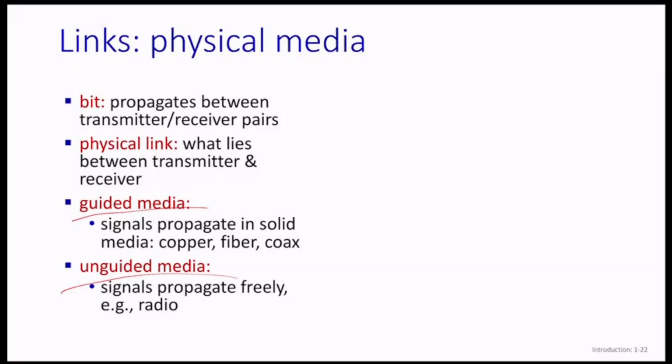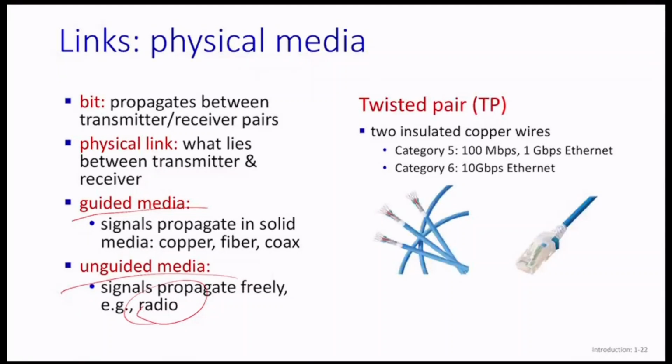First, let me introduce guided media. Guided media include twisted pair, the earliest version. Twisted pair always uses two insulated copper wires to create the transmission links, and there are different types of these pairs.